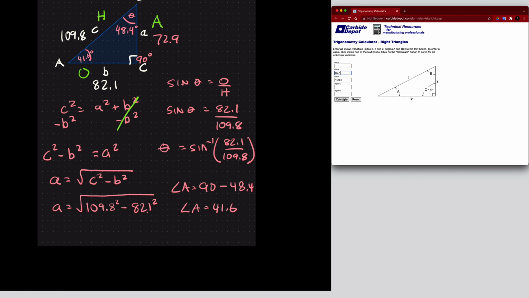Let's hit calculate and hope. 72.9 for side A, check. Angle A, 41.6, check. And angle B, 48.39, which rounds to 48.4 degrees, and check.